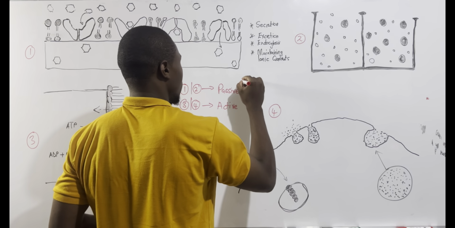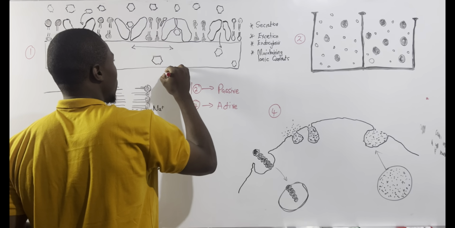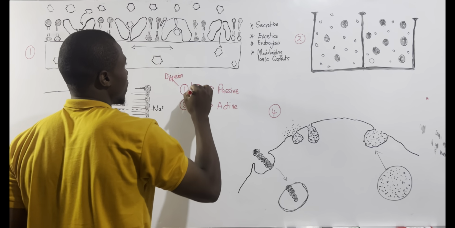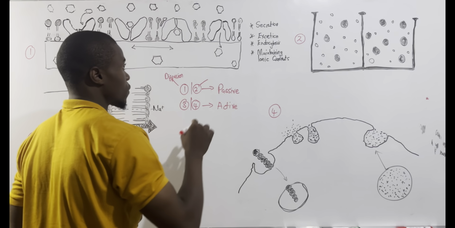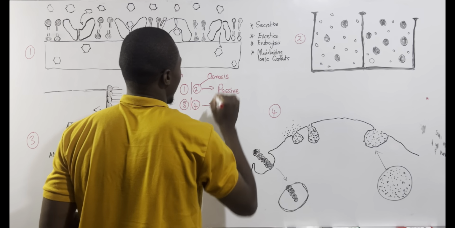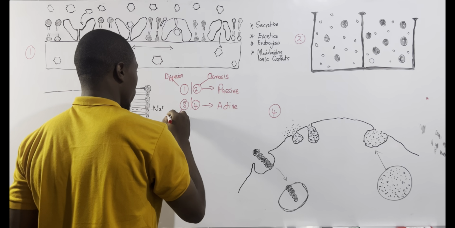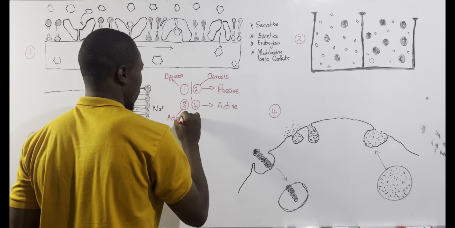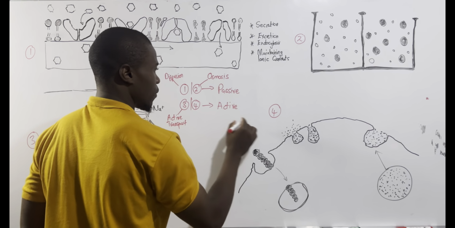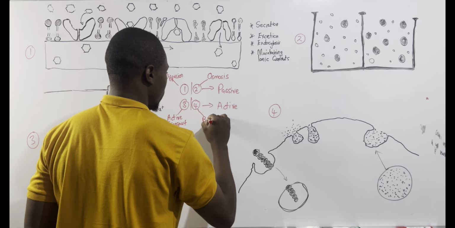In terms of these processes, diagram number 1 is called diffusion, whereas diagram number 2 is called osmosis. Diagram number 3 we call active transport, and diagram number 4 is bulk transport.